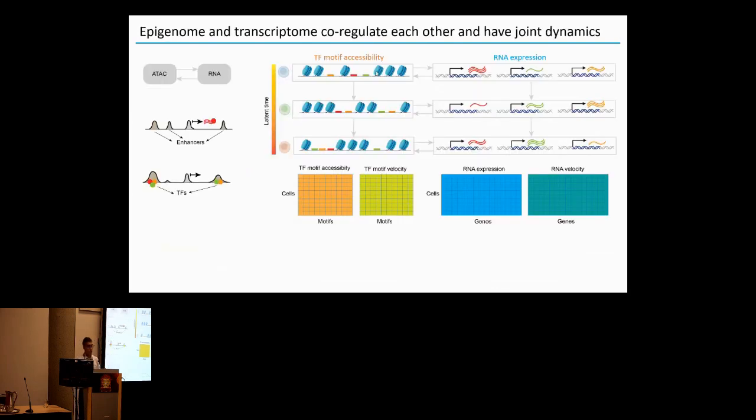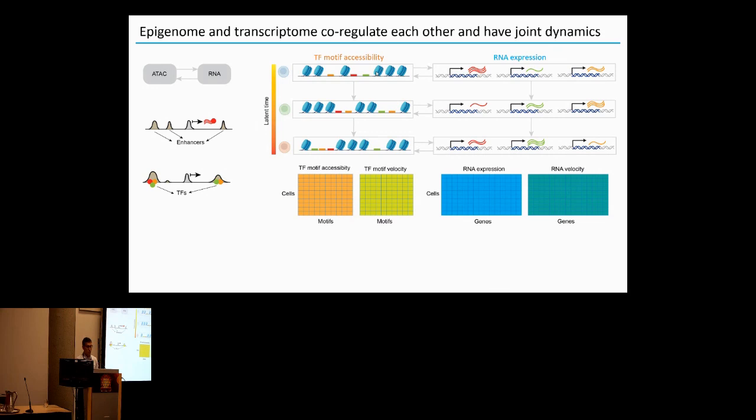So our hypothesis here is that the epigenome and transcriptome, as you know, co-regulate each other. So we have cis regulatory elements around genes which control the expression of these genes, and the expression of transcription factors drives other downstream changes, and can change the motif accessibility of others. So from the ATAC side, what we're interested in is the motif accessibility of these transcription factors.